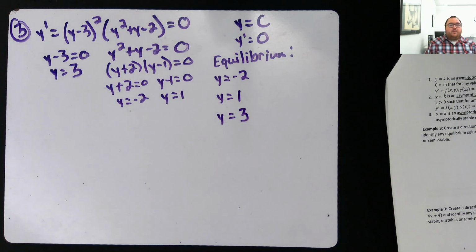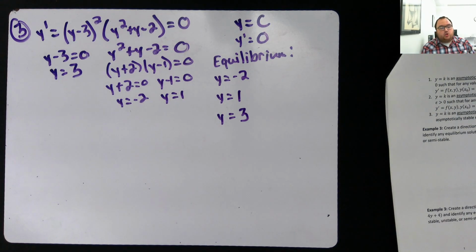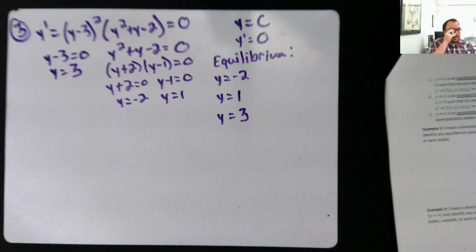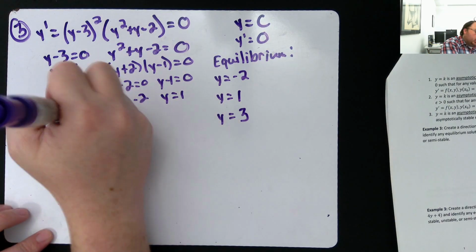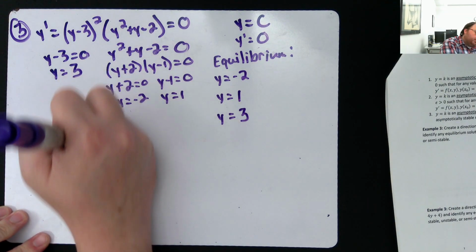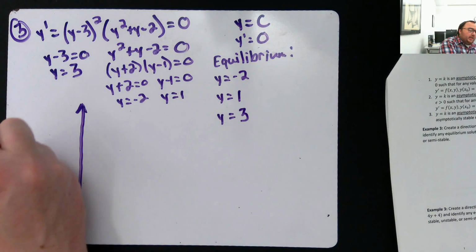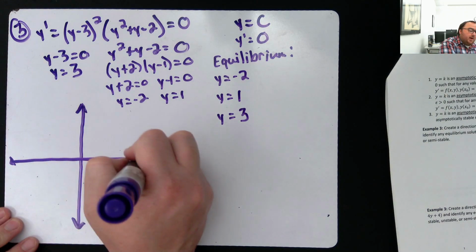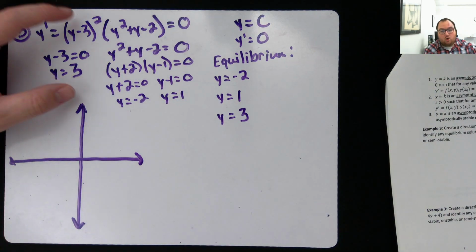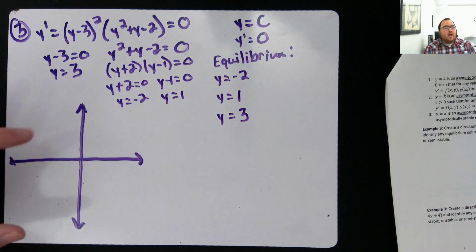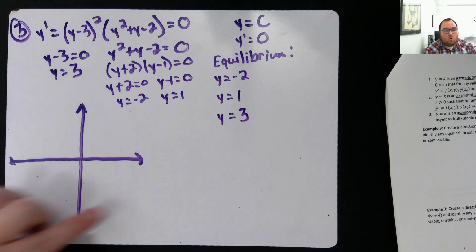So now I've got to use my slope field to classify these as stable, not stable, or semi-stable. So let's draw our slope field. What was really helpful about solving it before I draw this is that now I don't have to draw the whole thing.